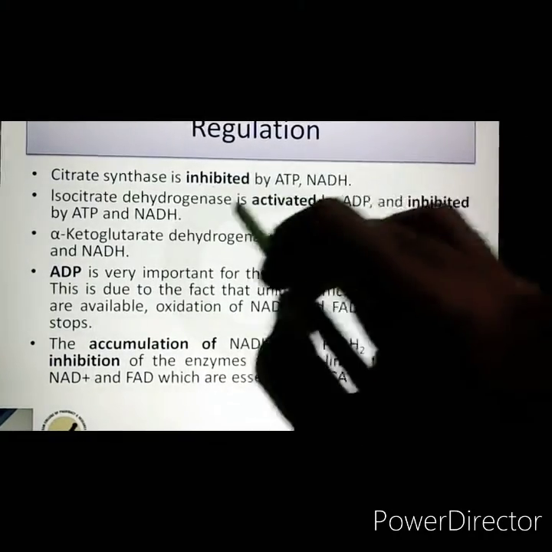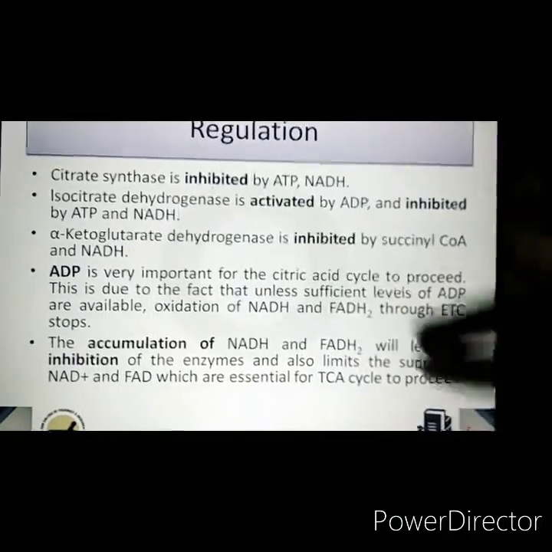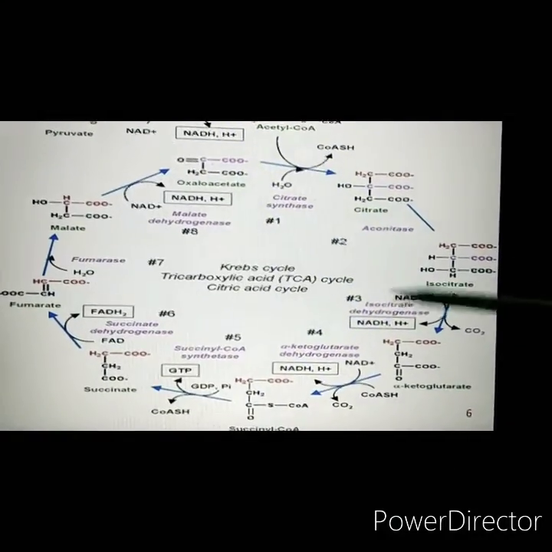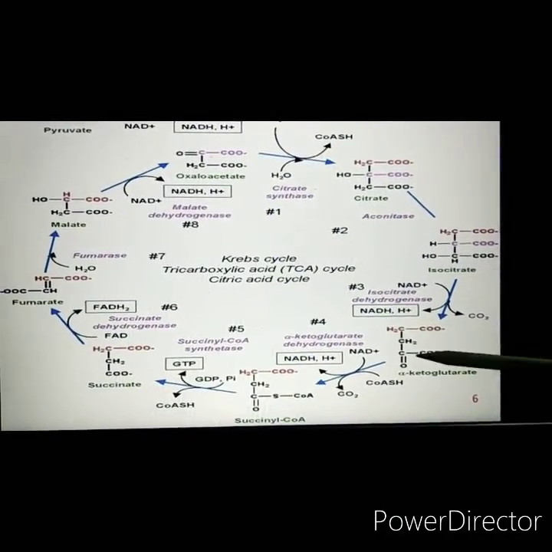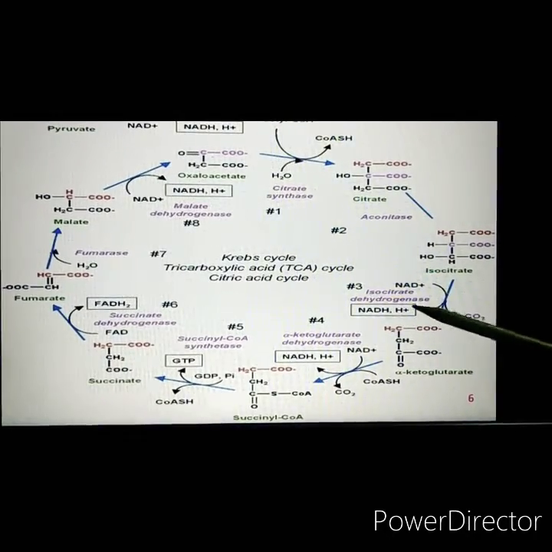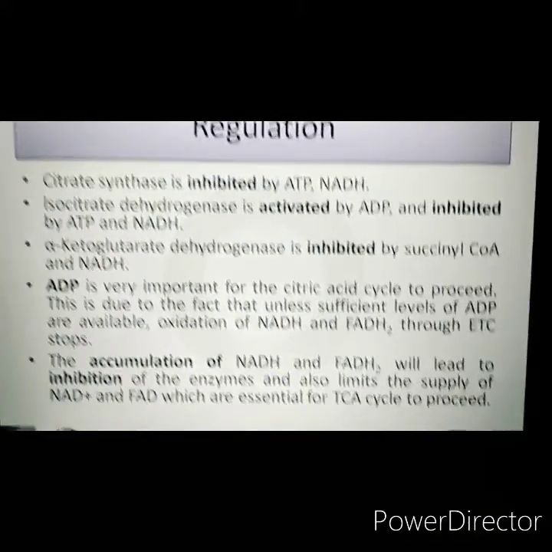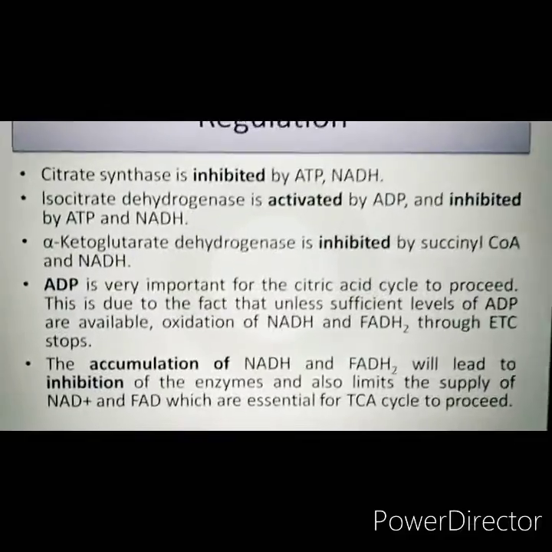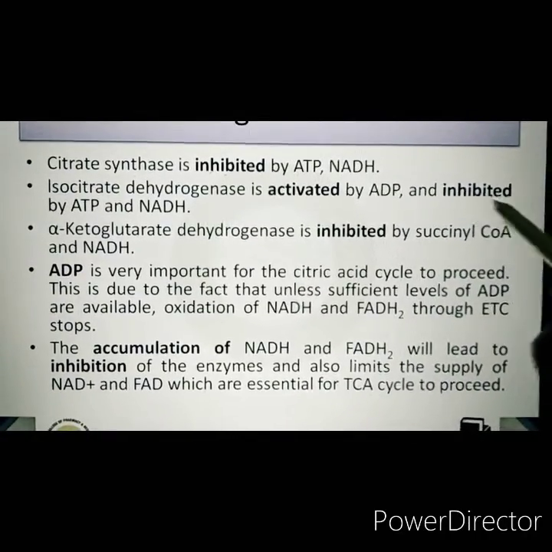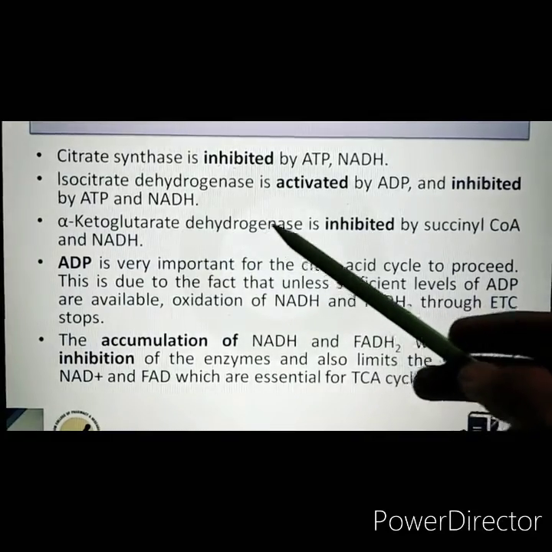These ADP will activate isocitrate dehydrogenase, which will in turn convert isocitrate into alpha ketoglutarate. So this enzyme is activated by ADP so that ATP synthesis is increased, and it is also inhibited by ATP and NADH.